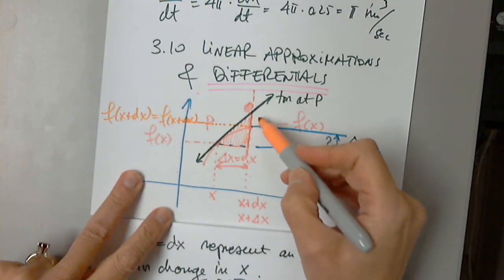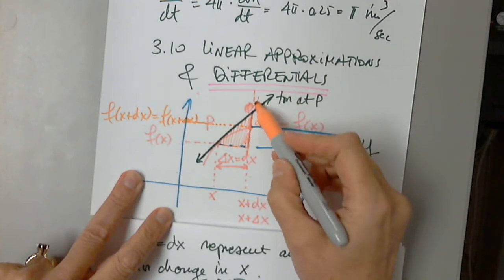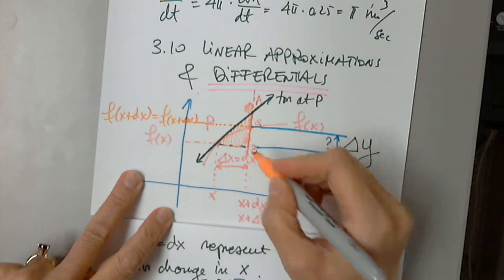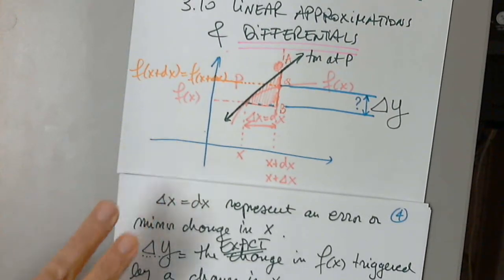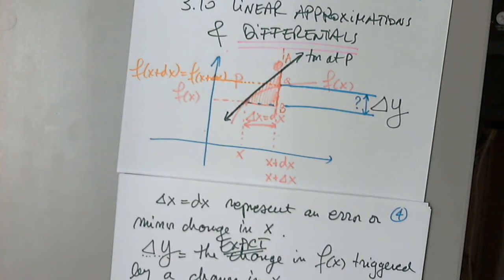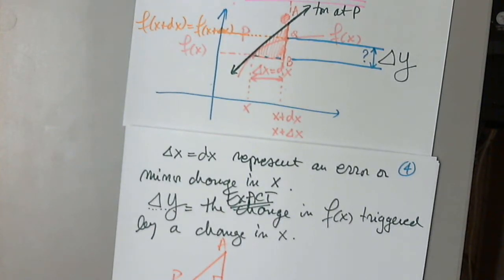This is not Q here, Q is right here. So I'm going to call it P, A, and B. Looking at this triangle P, A, B, what is the length of PB?